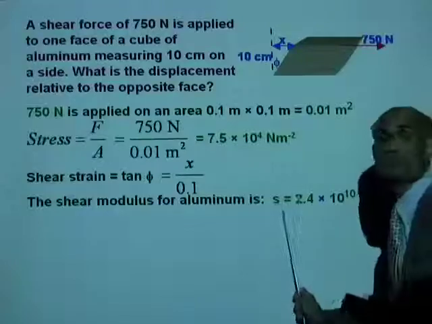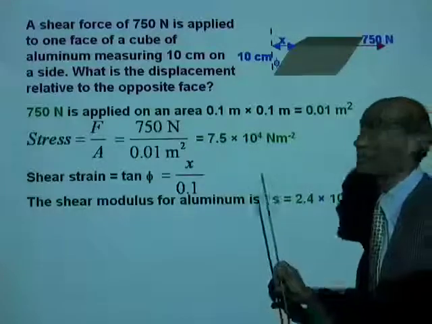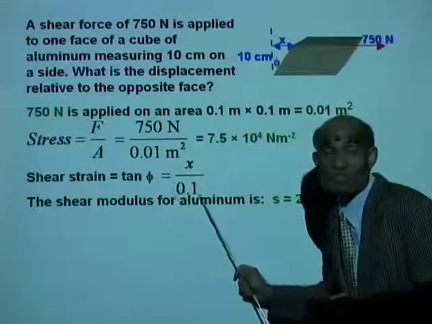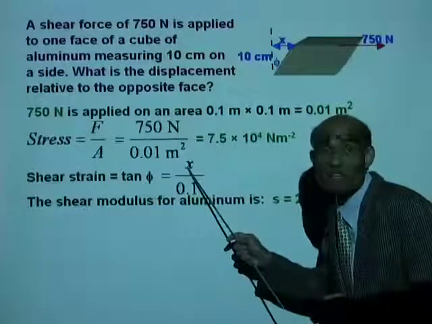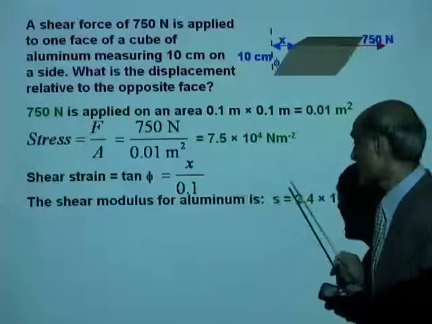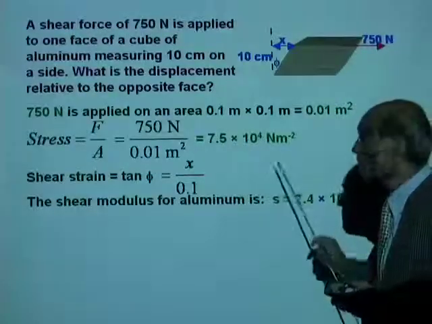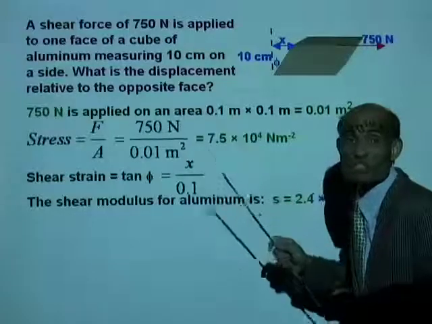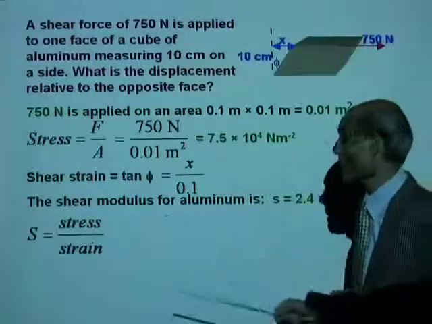So, we know the shear modulus for aluminum, we know the stress, and we know the strain where we need to find this x. So, we can now say the shear modulus equal to shear stress divided by shear strain. There you are.